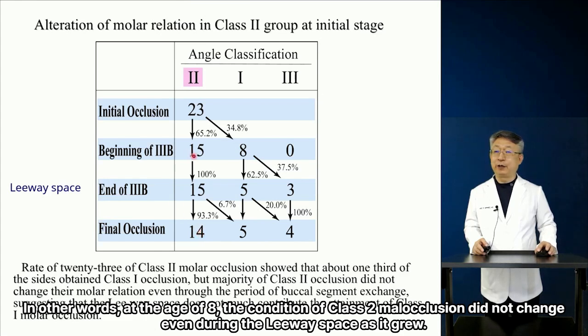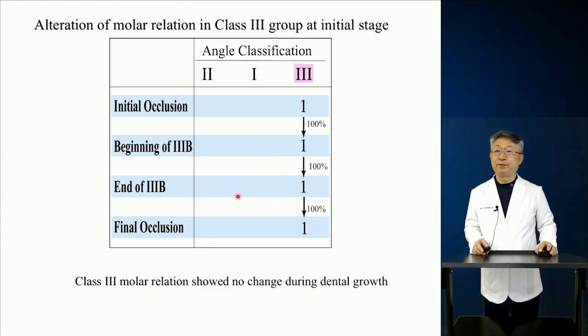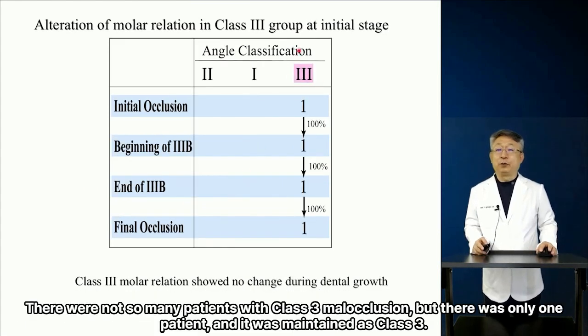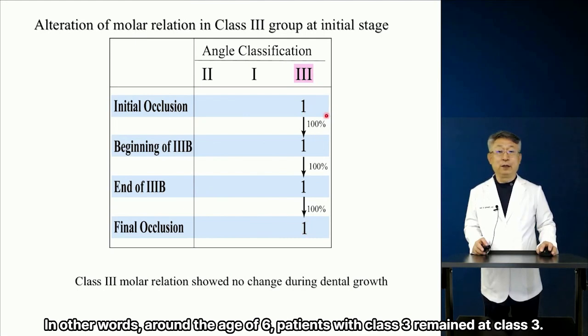In other words, at the age of 8, the condition of class 2 malocclusion did not change even during the leeway space as it grew. There were not so many patients with class 3 malocclusion, but there was only one patient, and it was maintained as class 3. In other words, around the age of 6, patients with class 3 remained at class 3.